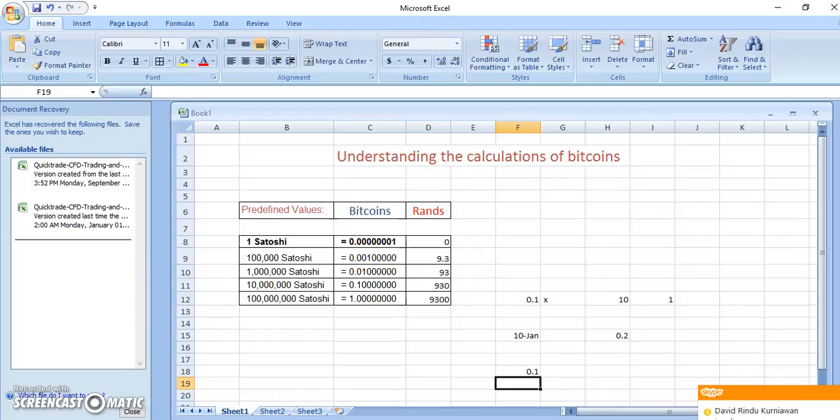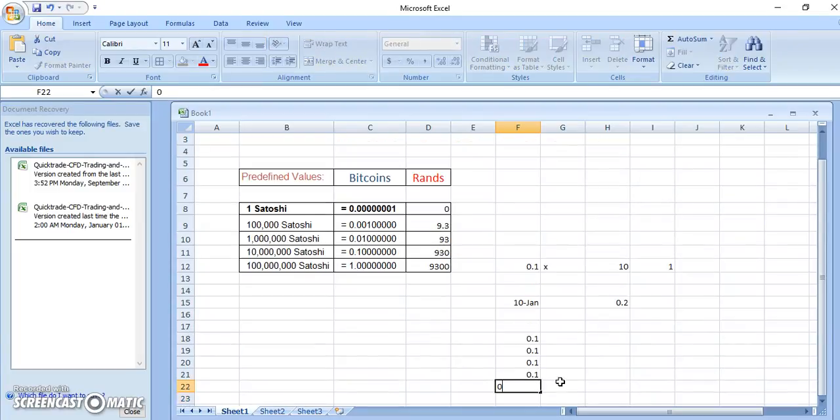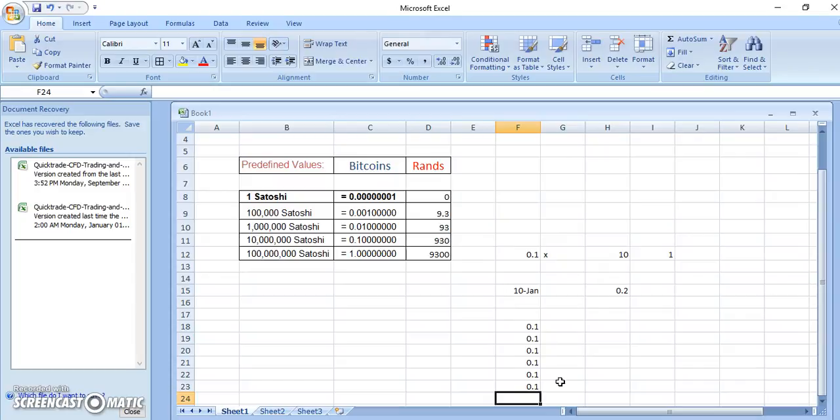So Bitcoins are made out of fractions of a 0 point something. You can have another 0.1, another 0.1, another 0.1, and another 0.1 and another 0.1. How many do I have? 1, 2, 3, 4, 5, 6, 7.